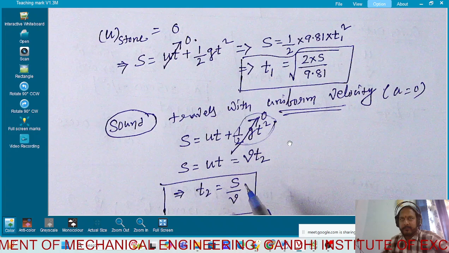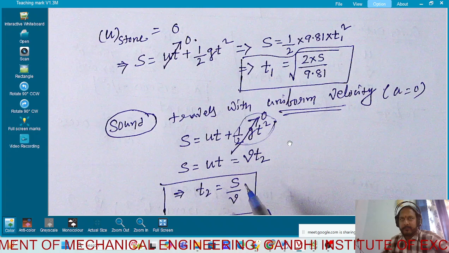Can you see the screen? Now here, how many unknowns are there? Only one unknown, S. That is what you have to find out. I am solving here. I am squaring both the sides because root over is there.